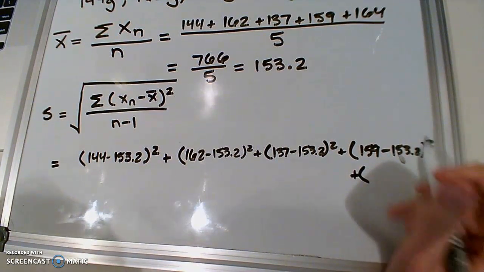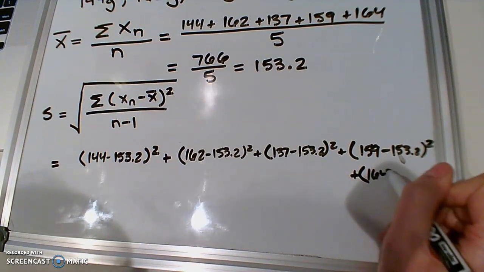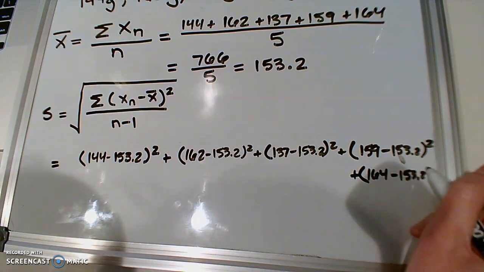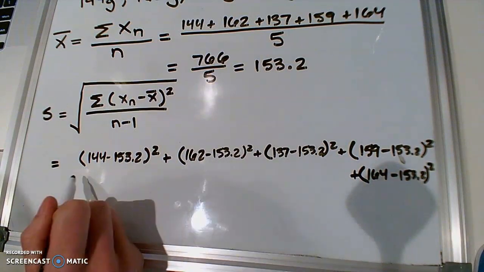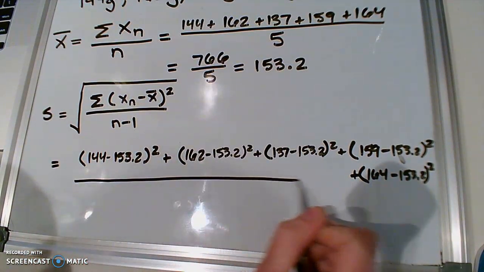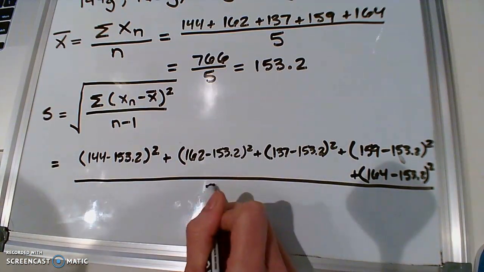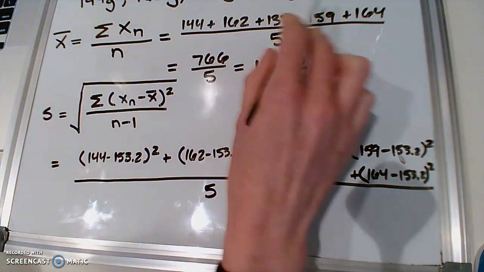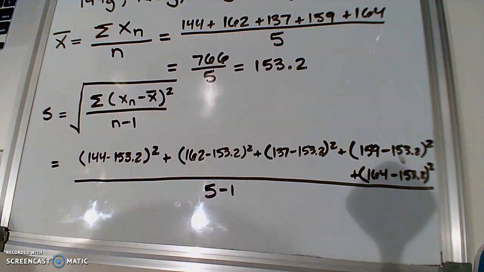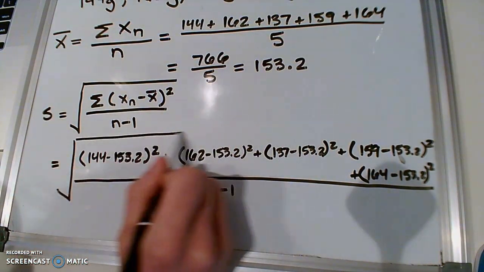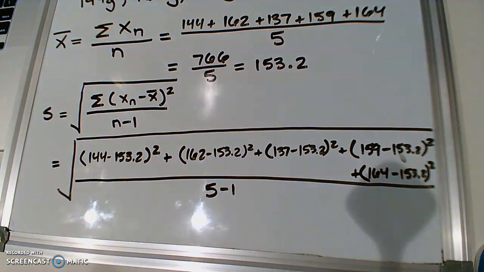This board is so tiny. 164 minus our average 153.2 squared. All of that is going to be divided by our n minus 1, which is 5 values, minus 1. Then we're going to take the square root of that whole thing.